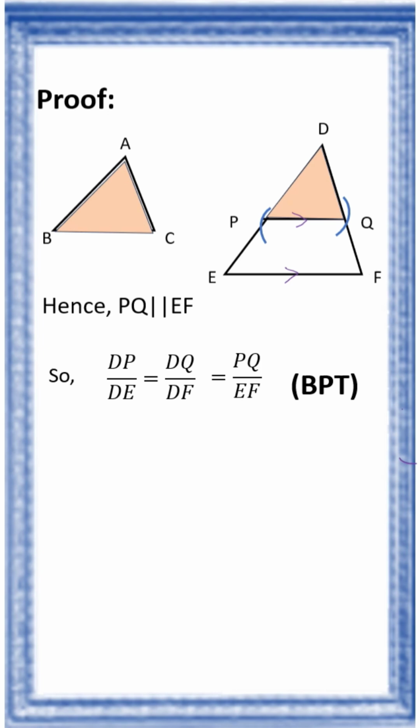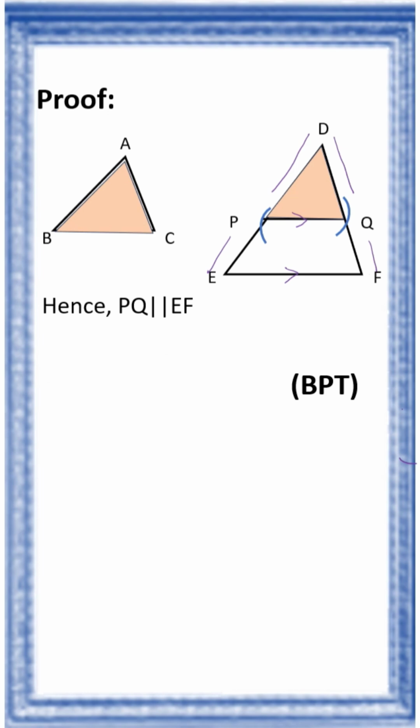So we only know that DP by PE is equal to DQ by QF. Observe the figure. I am highlighting that one. Now we have DP by PE is equal to DQ by QF. Why? Because of BPT. I have earlier said one ratio, isn't it? DP by DE is equal to DQ by DF.